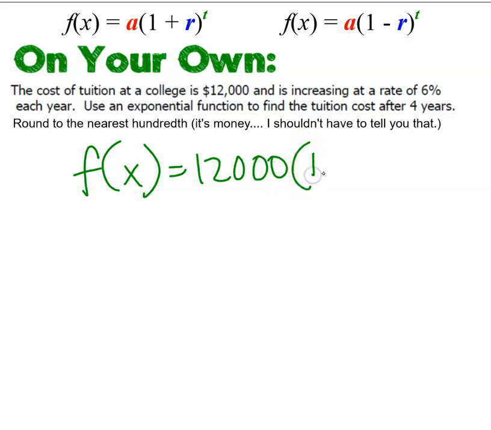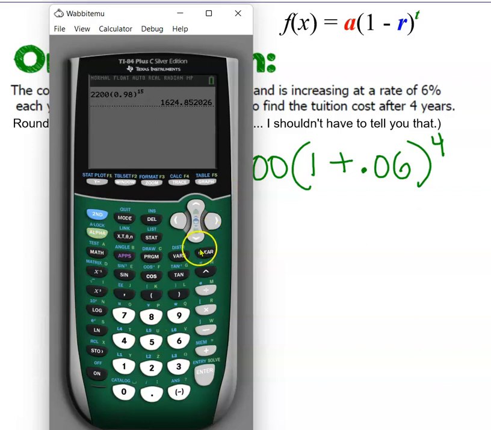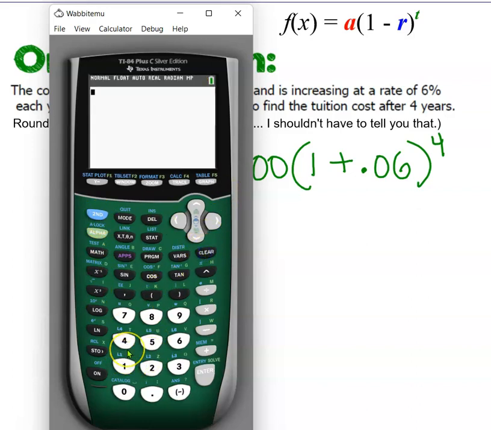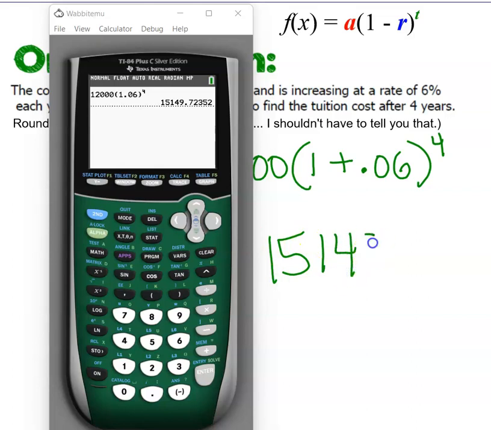You have 100% of the cost plus an additional 0.06, and it will grow for 4 years. So we have 12,000, parentheses 1.06, raised up for 4 years. And so $15,149.73.